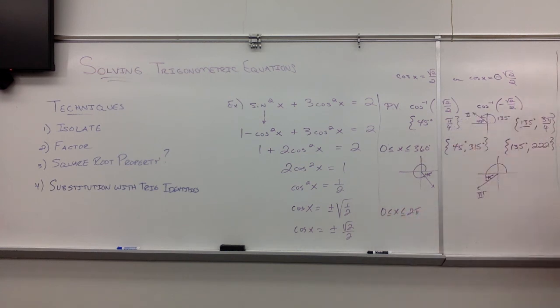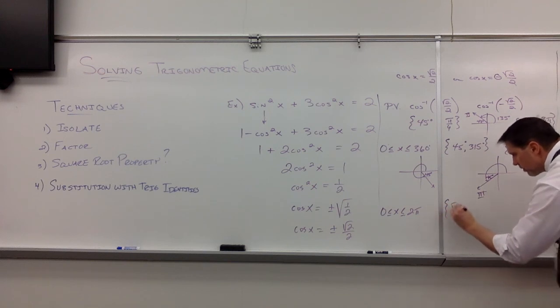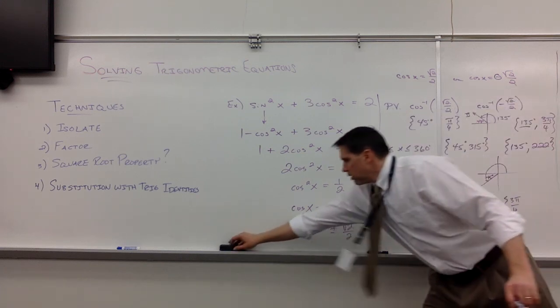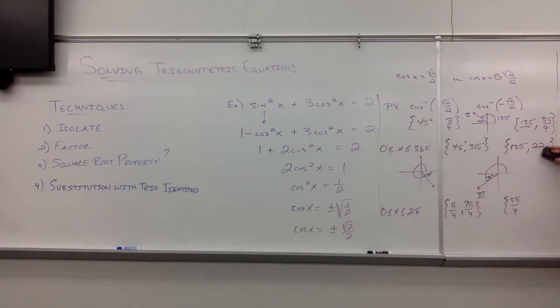Okay, in radians, 45 is pi fourths. 315 is 7 pi fourths. 135 is 3 pi fourths. And 225. 225 is 5 pi fourths. There you go.